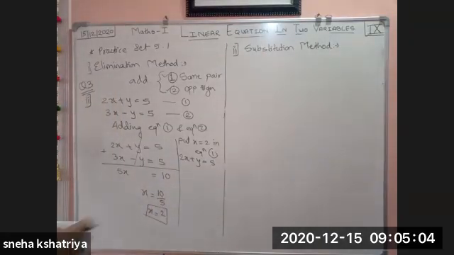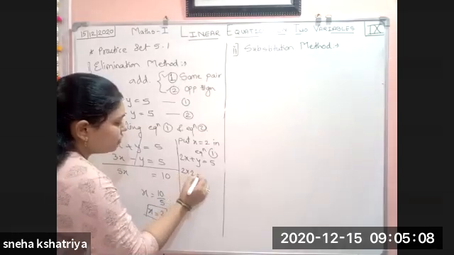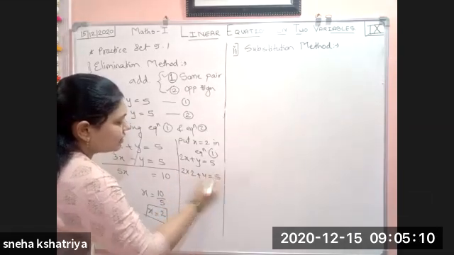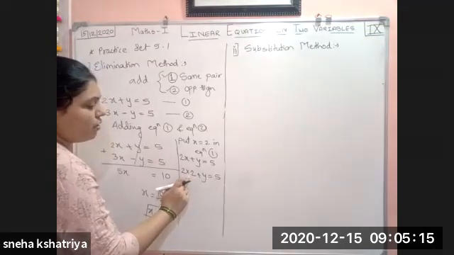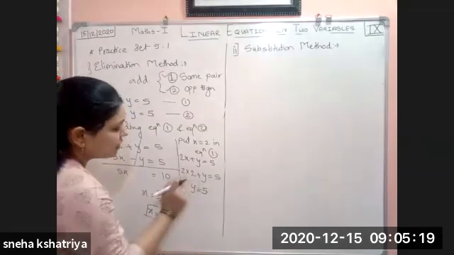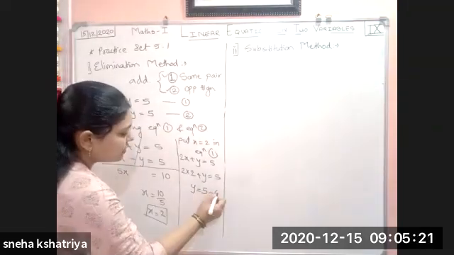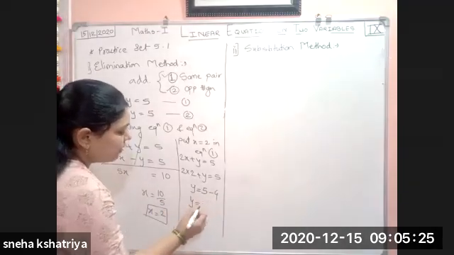Put the value of x, here is x, put here 2. So this becomes 2 into 2 plus y is equal to 5. 2 into 2 becomes 4. 4 is a constant, shift to the right side. So y is equal to 5 is here, and this 4 shifted to the right side becomes minus 4. So y is equal to 5 minus 4.